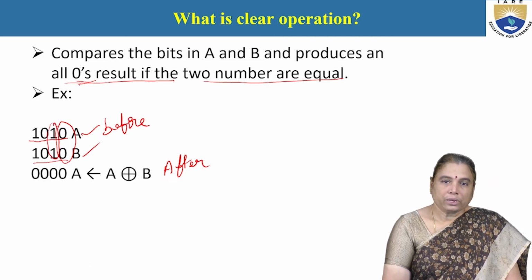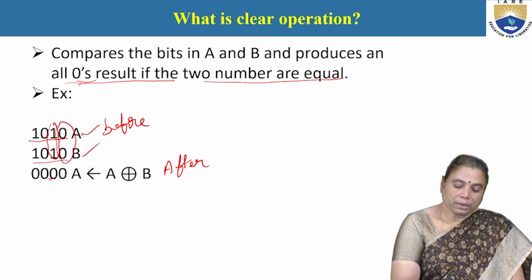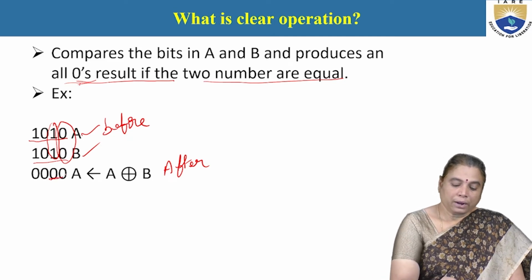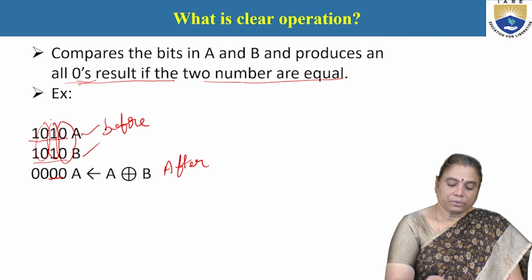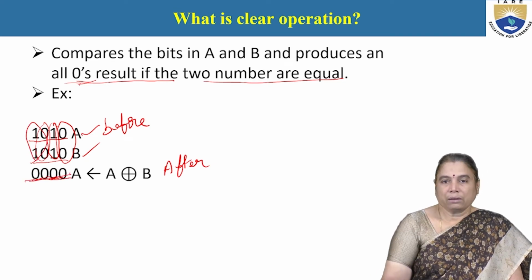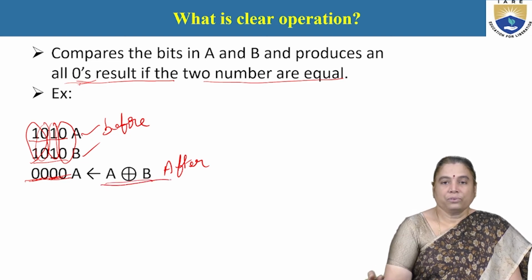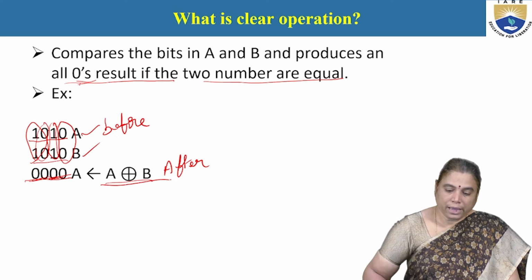In the A register the value is 1 and in the B register also the value is 1. Both are equal, so it is cleared to 0. In the third bit also 0 and 0, the fourth bit also 1 and 1. So all are zeros in A. It is equal to the exclusive OR operation on A and B.